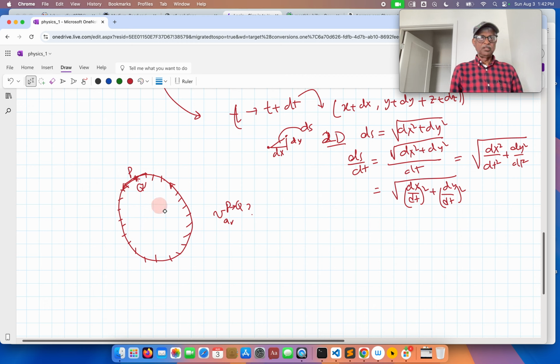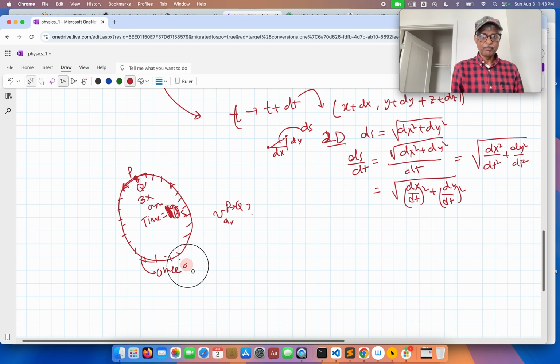Suppose you went around to get back to the same starting place, but you went around 3 times. One time around takes, say, 10 seconds, so you have an easier calculator. And once around, the distance is say 20 meters.